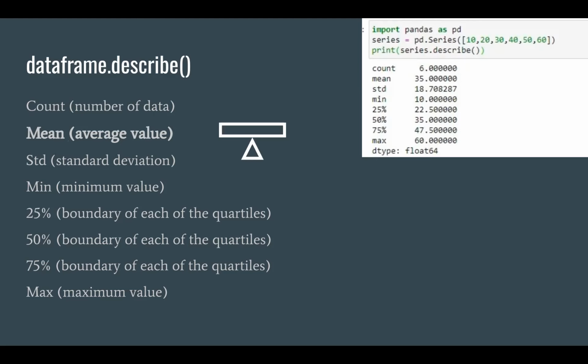Next, has a mean, which can be the same thing as the average column value. So to calculate average, you would want to add all values 10, 20, 30, 40, 50 and divide by count.